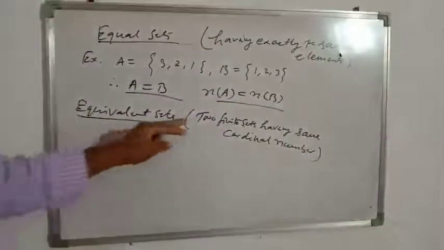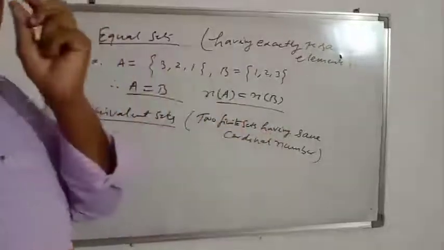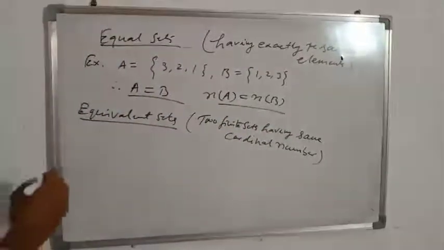What are equivalent sets? Two finite sets having the same cardinal numbers are called equivalent sets.